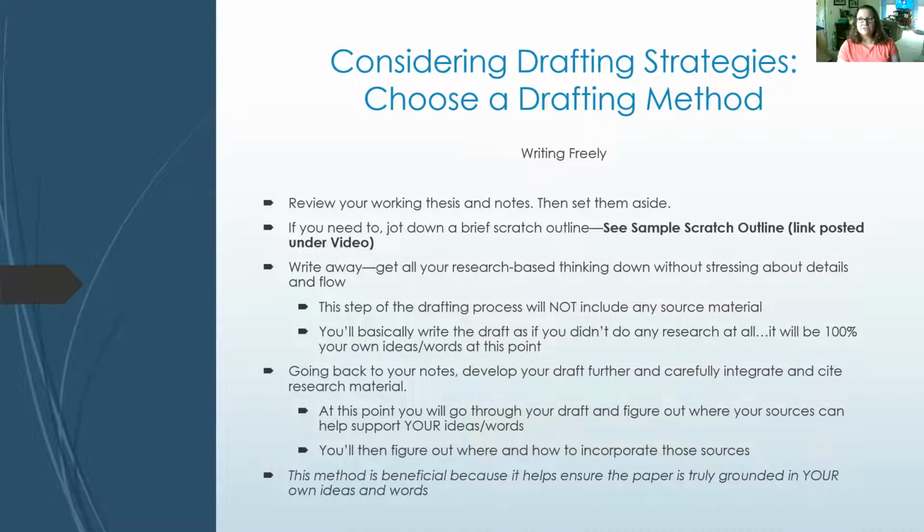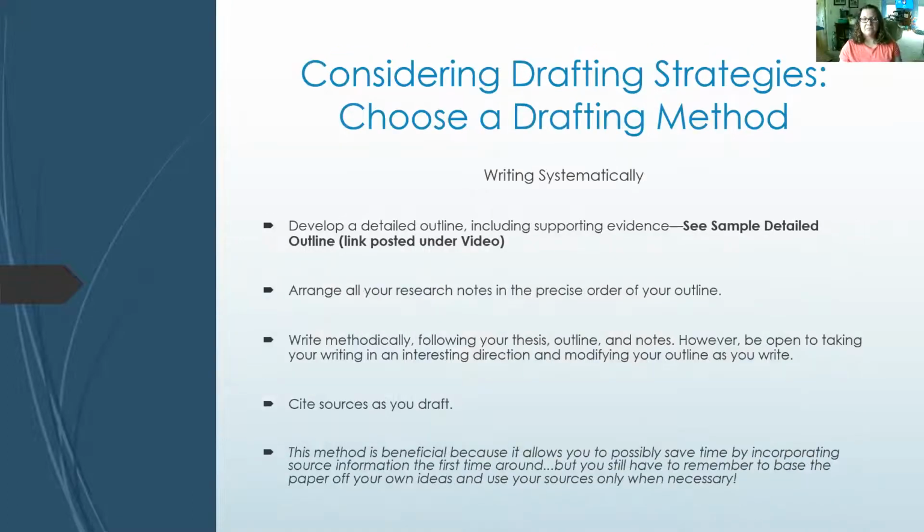If, though, you're not really liking that idea and you're more inclined to include the source material as you write the draft the first time, you can then kind of come to this method here, which is a little more systematic. And I have used both methods.